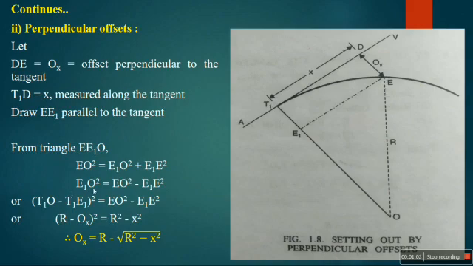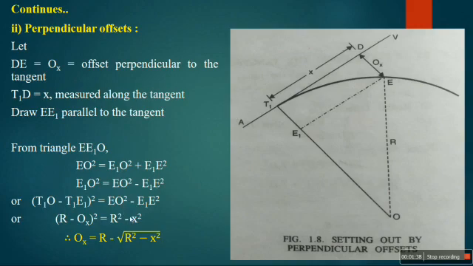Again, we can write E1O as T1O minus T1E1, whole square, that is equal to, as shown above. Then T1O means it is the radius of the curve. T1E1 means it is exactly equal to OX. EO means it is the radius of the curve, and E1E means it is the x distance.